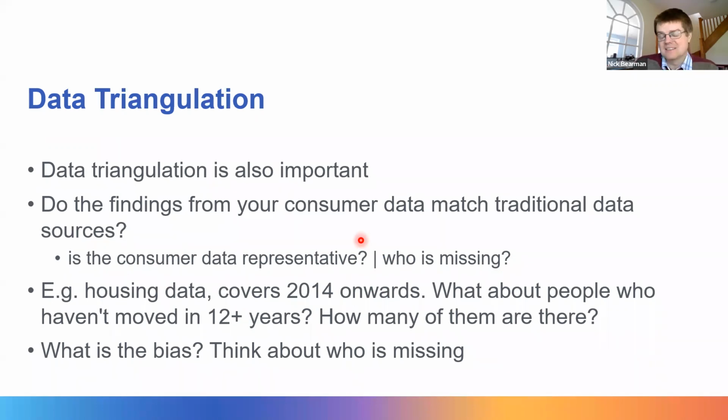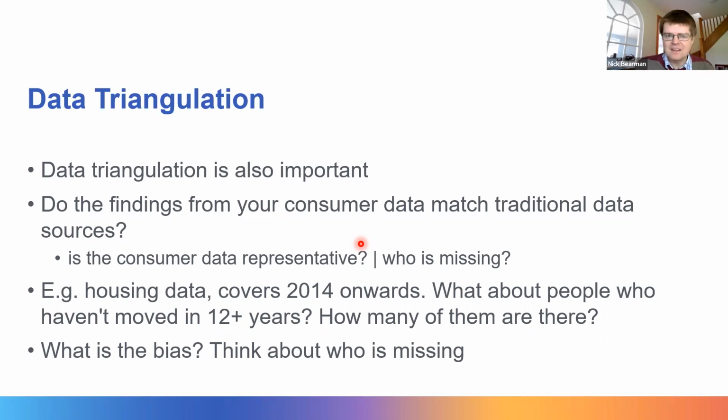So the housing data is a great example. If you remember, we had some sales data and rental data from Zoopla, energy performance certificates, and linked consumer registers. So we've got a database of every adult in the UK and where they've moved. But that's only from 2014 onwards. If someone's not moved since 2014, they won't appear in that list at all, potentially.